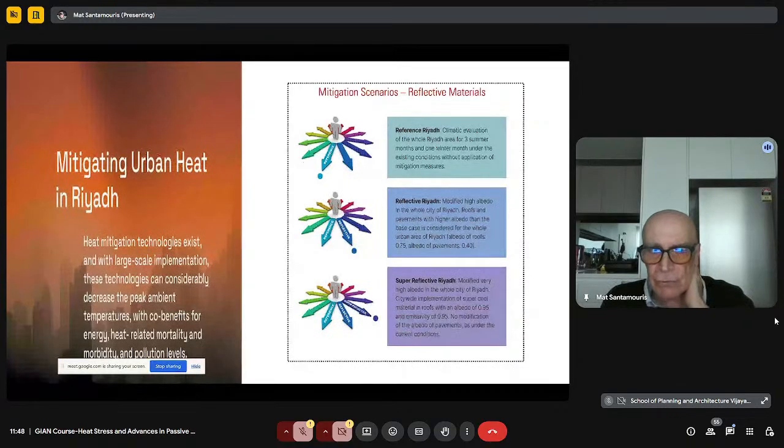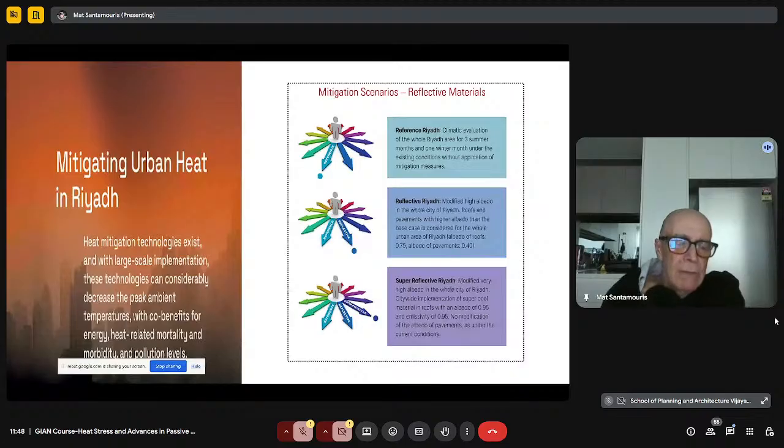And this brings us to the design of the mitigation technologies. So we have a reference, the one I presented before. We have a model which calculated all the climatic parameters at high resolution, 250 by 250 meters, with very detailed information in order to compare and validate against predictions from other mitigation technologies.